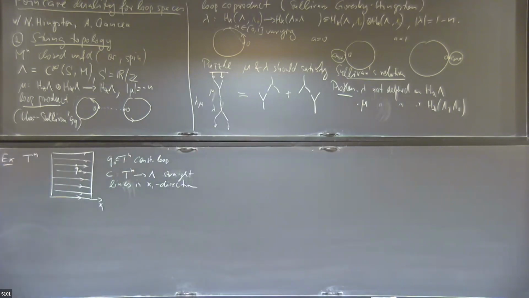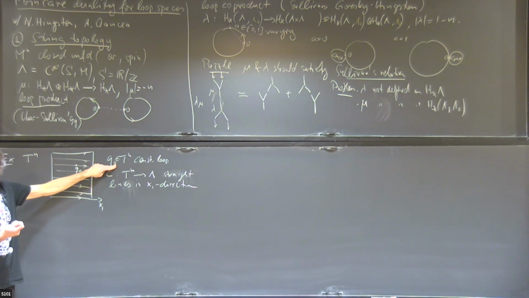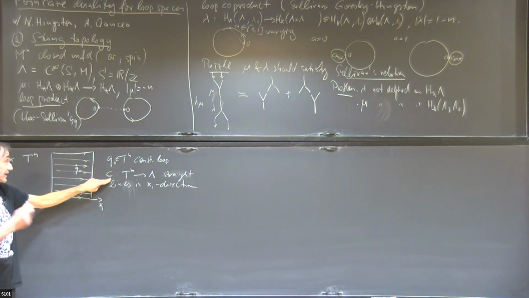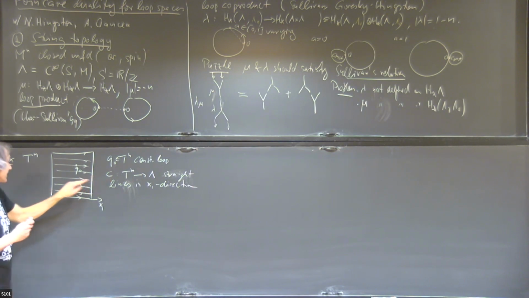Okay, and now I want to take the loop product of those two. So I need to look at the locus where the evaluations at time 0 coincide. Here the evaluation at time 0 just gives me q0, this point. So this singles out one unique loop which starts at q0 at time 0.